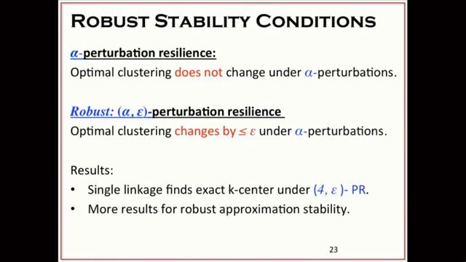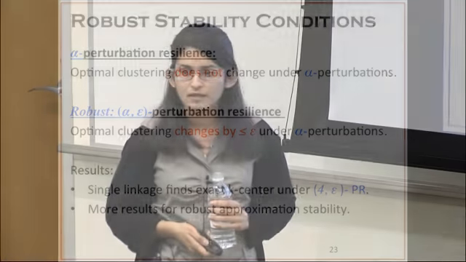I said that for perturbation resilience, we're considering the scenario where the fluctuations do not make any difference in the clustering. This is not a robust notion. So we want to work with a more robust notion, which is called alpha epsilon perturbation resilience, which means that with alpha perturbation, you're allowed to change by an epsilon, a little bit of change in membership.